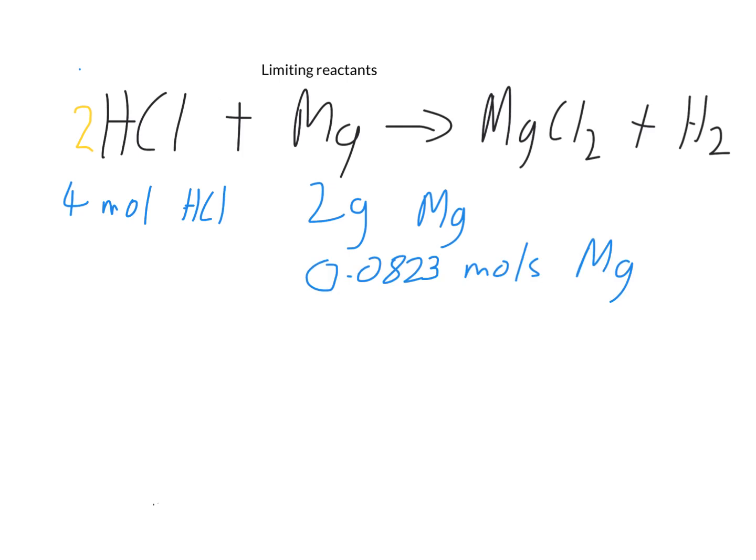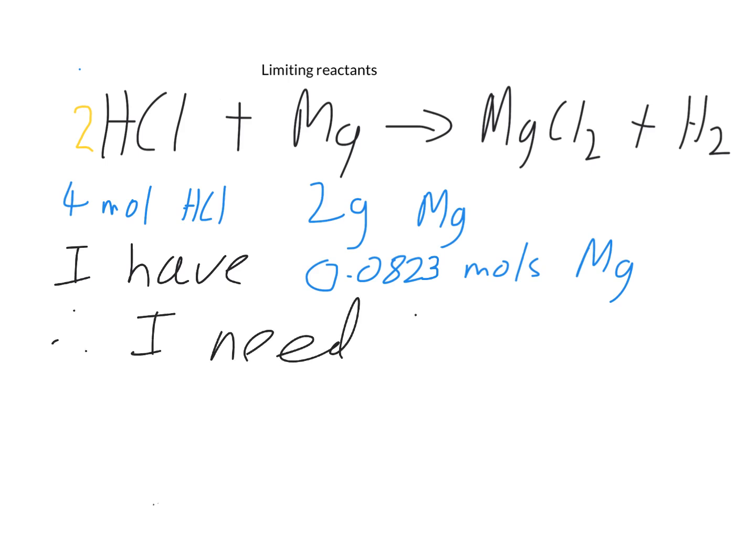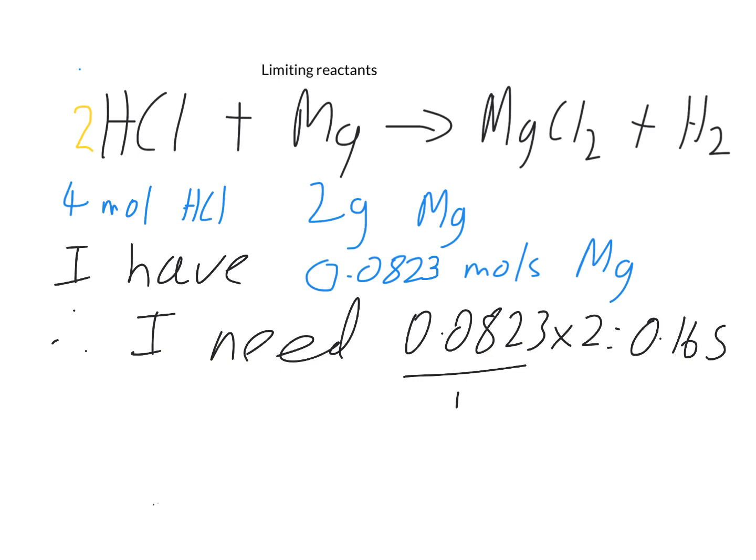So in this case, I can say that I have 0.0823 moles of magnesium, therefore I need 0.0823 times 2 divided by 1 times 2, which in this case is 0.165 moles HCl if I use the full number of magnesium to convert this.